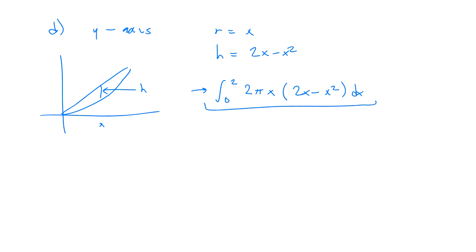So our base radius is r. And our height is 2x minus x squared. And the dx is the little thickness of that cylinder to make it into a volume. And then we add it up over all the possible radii.